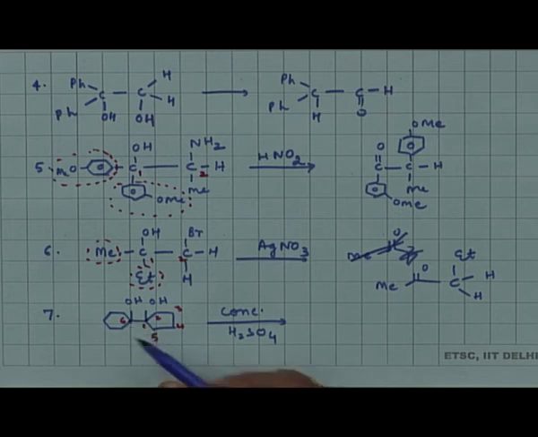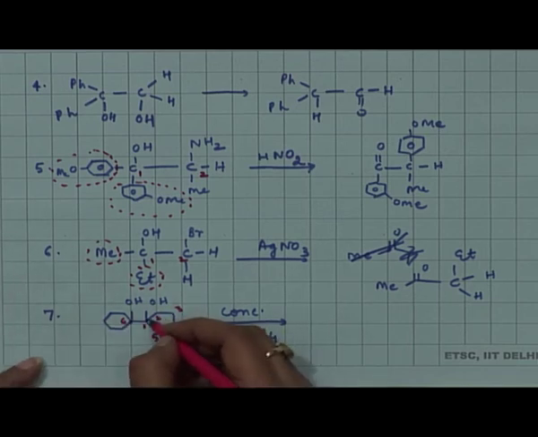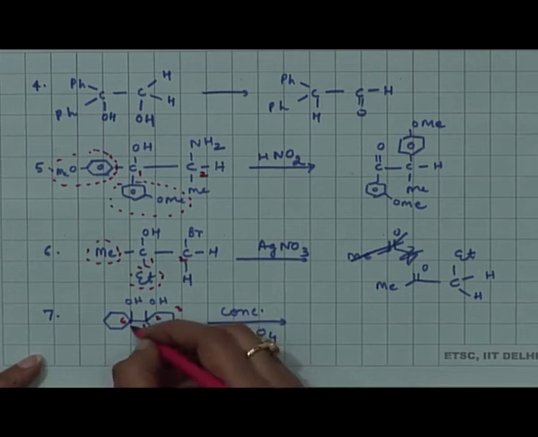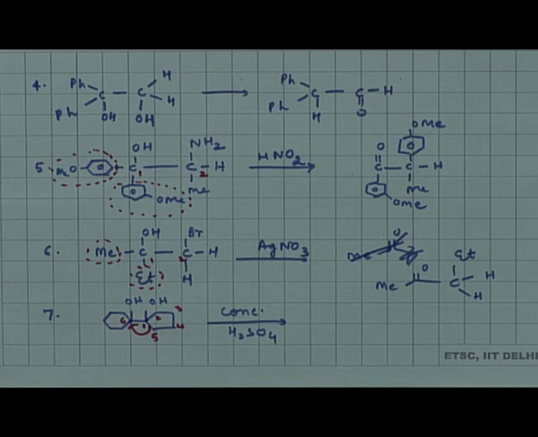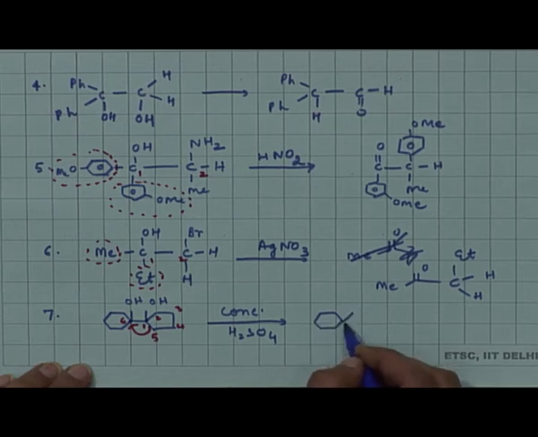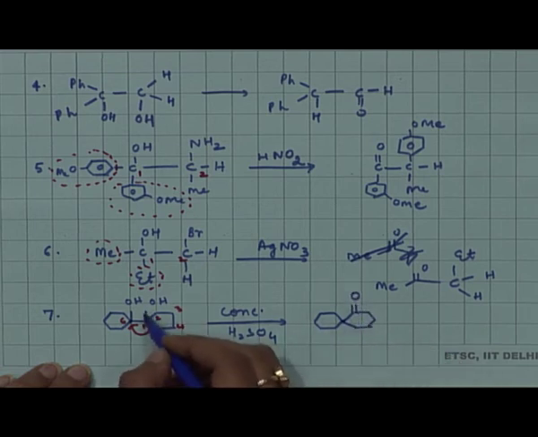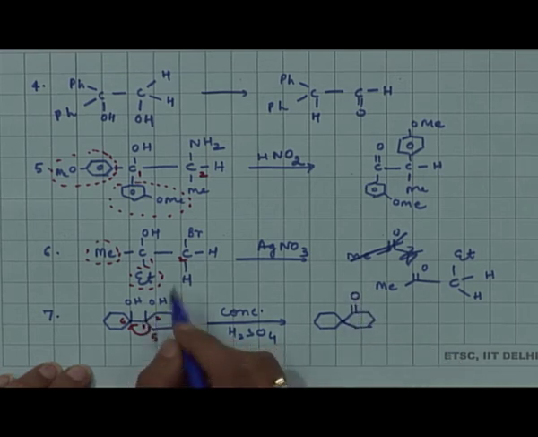So, if it generates at carbon 6, now the next thing would be there is a migration of this carbon-carbon bond. Okay. So, this carbon-carbon bond will migrate at this position, which is the carbon 6, to give you the spirocyclic ring system, in which the 2 rings are connected through this common carbon, and this carbon 1 is the one which gets converted to carbonyl.